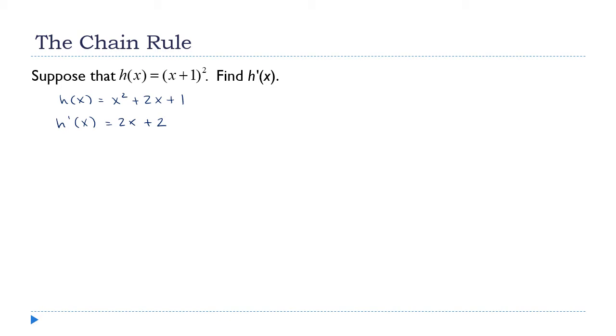So I'm going to let my inside function be x plus 1, and my outside function will be x squared. Right, so g of x is x plus 1, and f of x is x squared. You can confirm real quickly for yourself, f of g of x is indeed h of x.